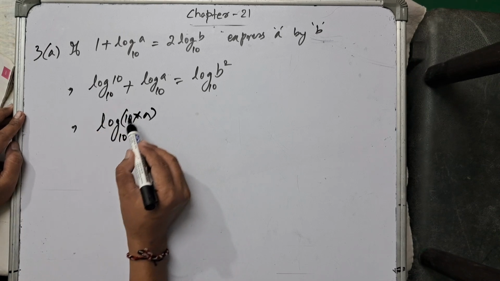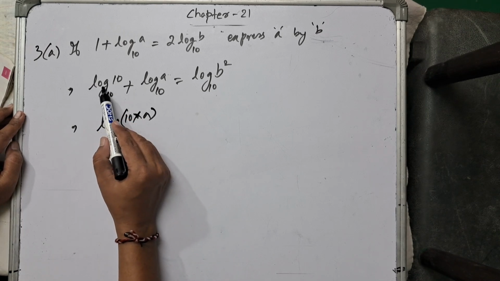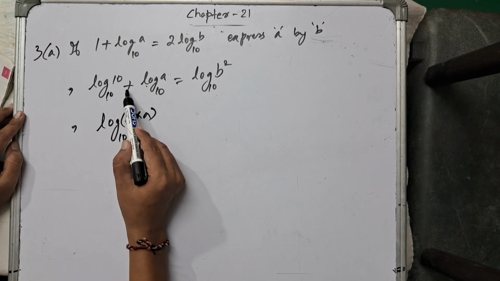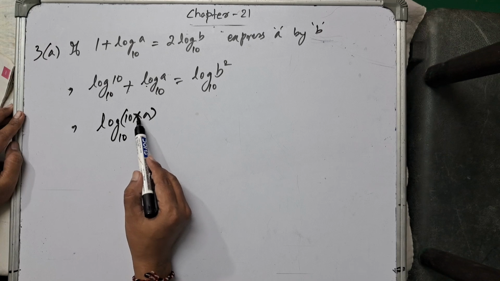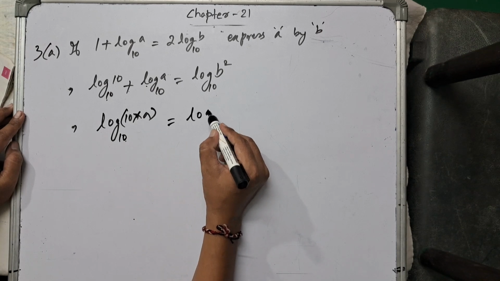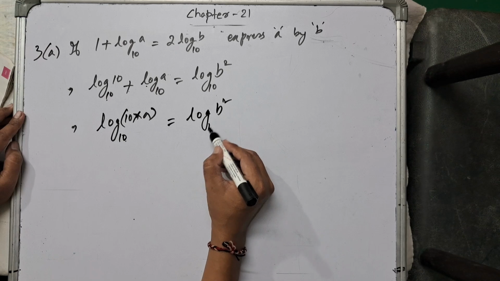Bases must be equal to apply this. So log 10a to the base 10 equals log b square to the base 10.